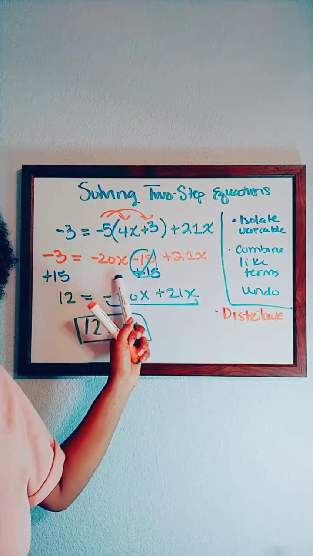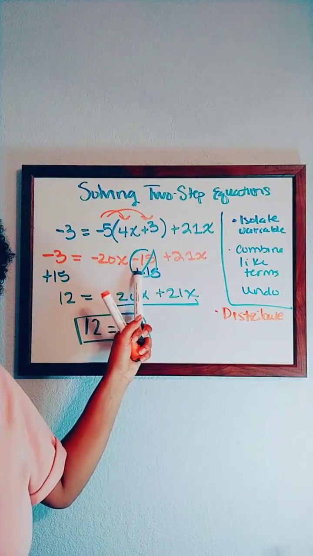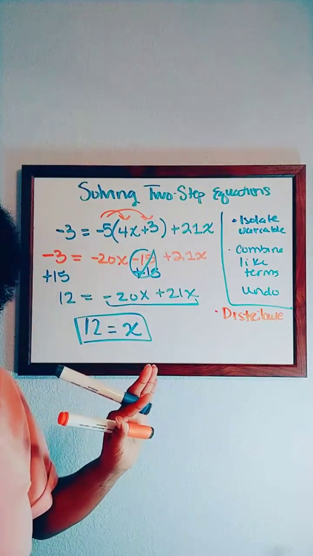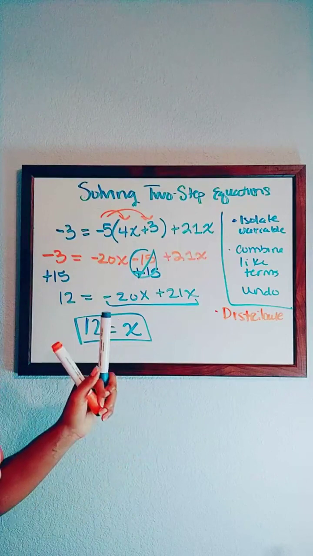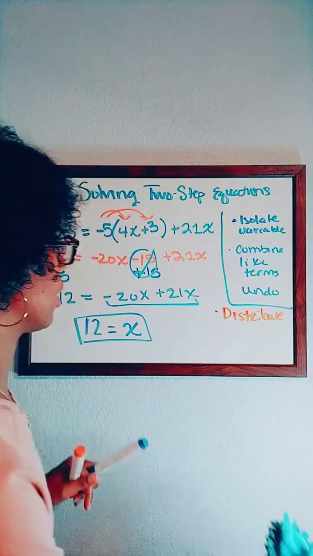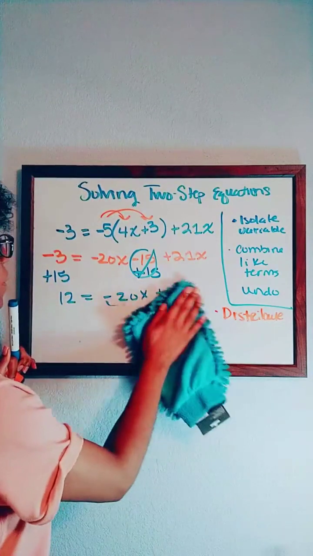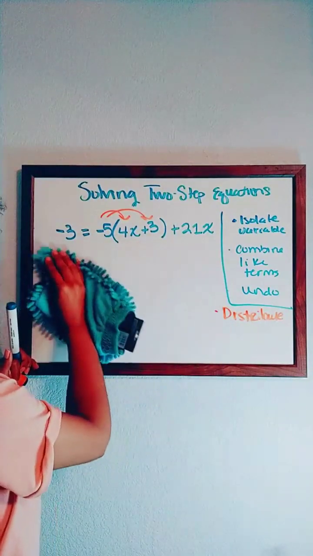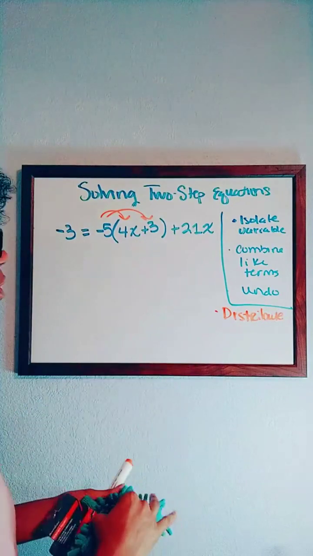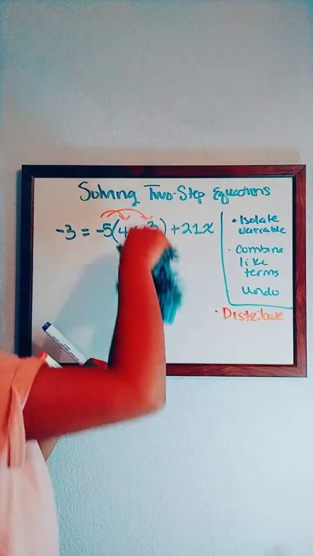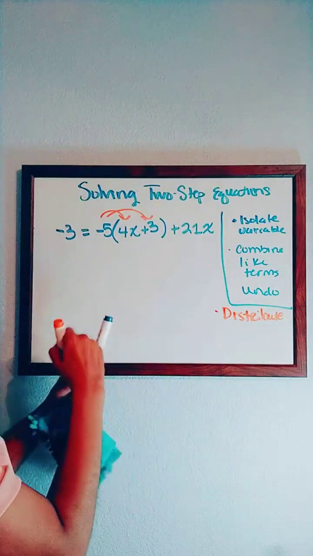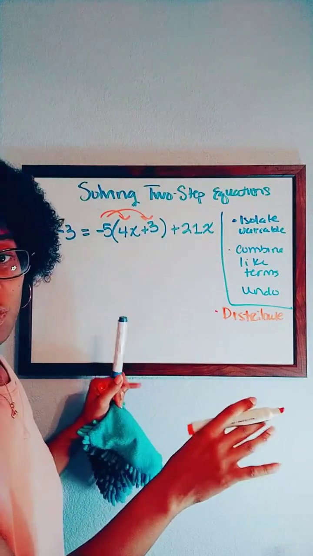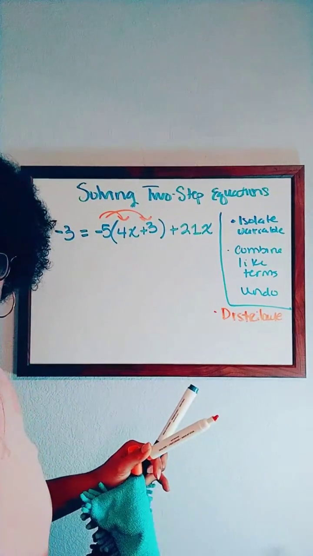If the x is already over there by itself and you just need to move a number, I want y'all to start analyzing the problem and see what's gonna make sense. Start analyzing the problem before just jumping into it and saying, all right, let me attack this. You gotta have a plan before you start. I think a lot of us, even me myself, like to just do the normal thing that we always do. But if I'm aware that my x's are already on one side of the equation, if I don't have to move them, I probably wouldn't move them.